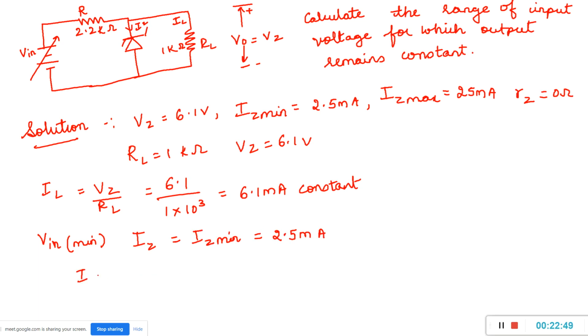So I is equal to Iz min plus IL. So Iz min is 2.5 plus 6.1. We will get how much? Say 8.6 milliamps. Both are in milliamps. Okay.